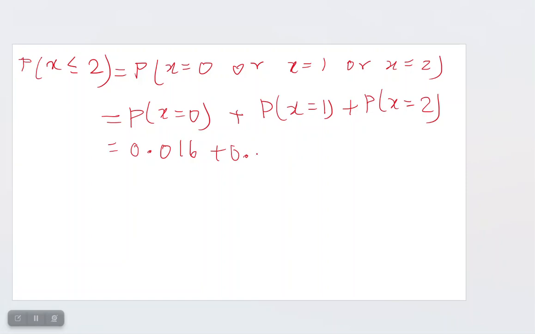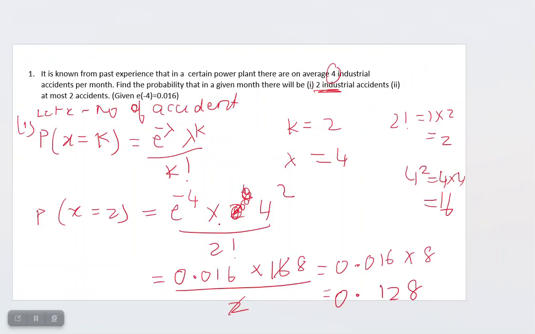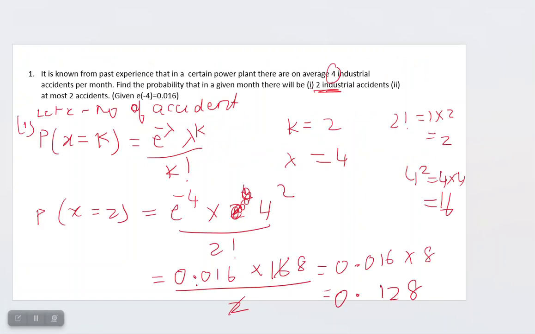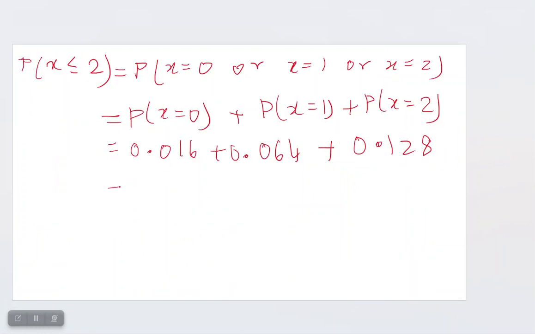Similarly P of x equal to 2 we have already found, and this value is 0.128. We now add all of these, and this will be 0.208. So we have solved the second part.